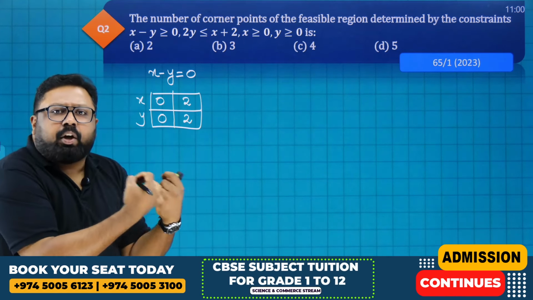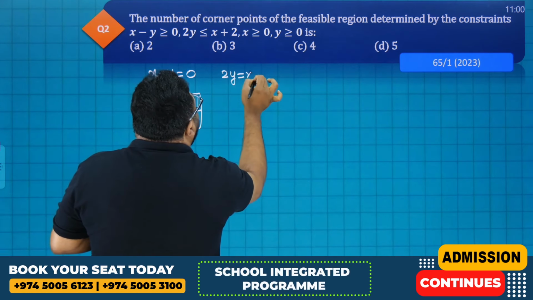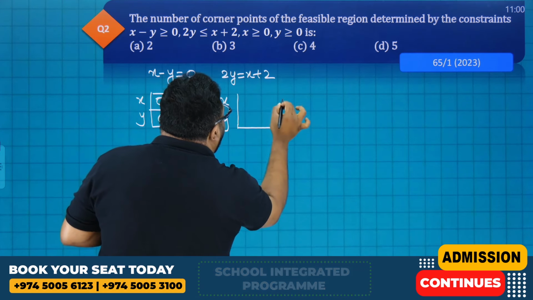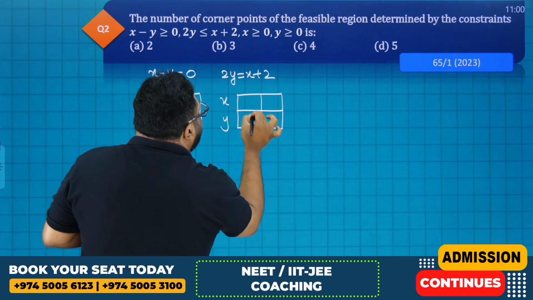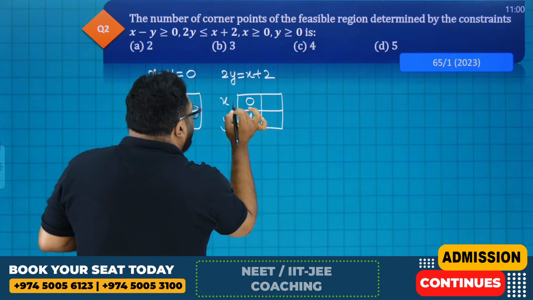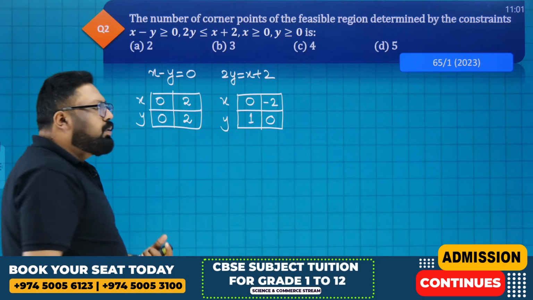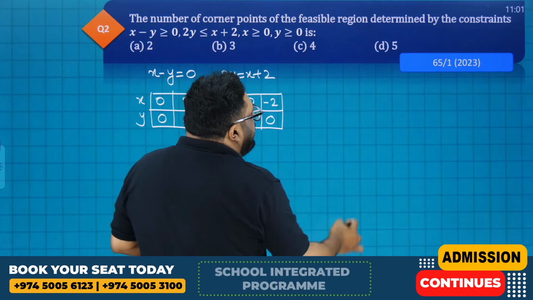We just need to draw the direction of the line, that's all. Next one, 2y is equal to x plus 2. If you try to plot points for this line, when x is equal to 0, y is equal to 1. If y is equal to 0, x is equal to minus 2. This is just to help me draw the graph correctly without a mistake, my dears.